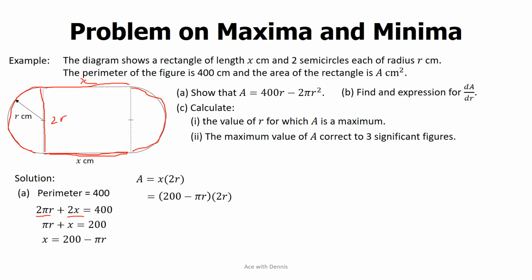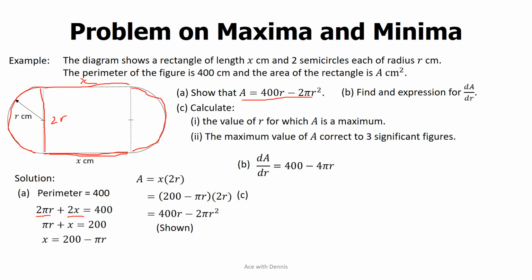Now we substitute x as 200 minus pi r, and the area becomes (200 minus pi r) times 2r. Then we expand the equation, which will become 400r minus 2 pi r squared. So it is the same as the given equation, as shown. For b, now we can differentiate the area. dA over dr equals 400 minus 4 pi r.